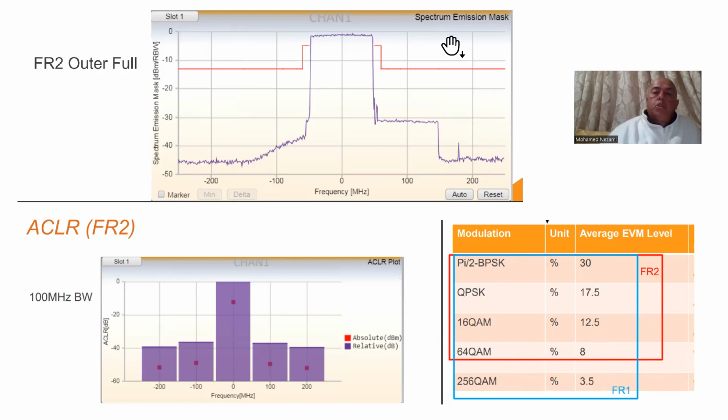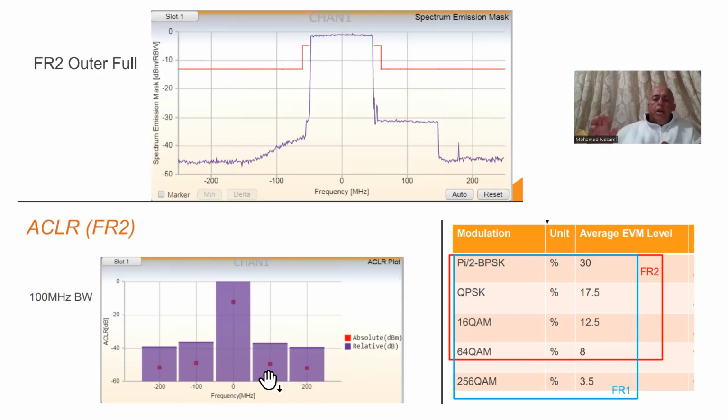At the same time, look at the spectral regrowth from the transmitter, because the 3GPP committees give you a spectrum envelope that you have to comply with for this transmitter. In addition, you have to make sure that your adjacent channel power, which is also specified, is fulfilled.